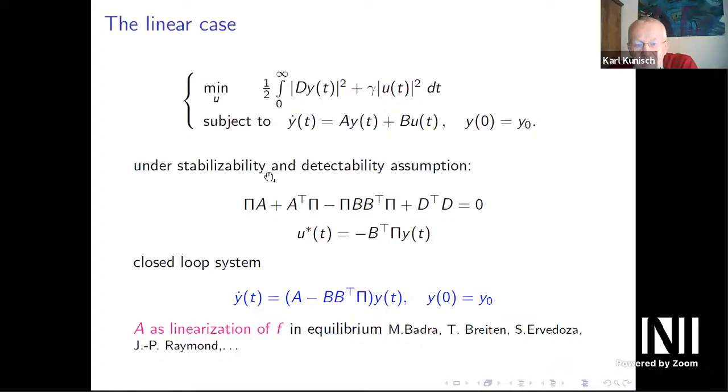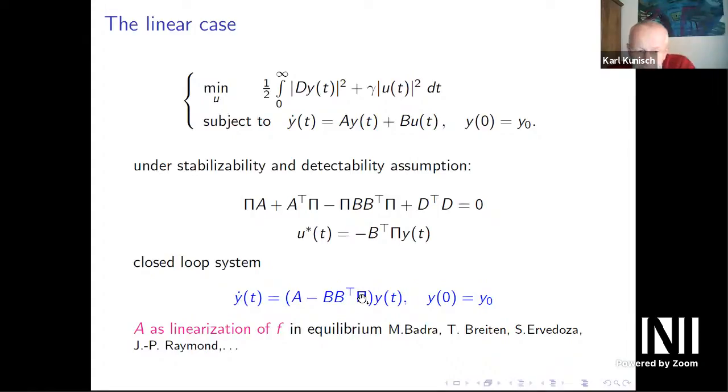Then, under stabilizability and detectability assumptions, which are assumptions A, B, and D, this algebraic Riccati equation will have a solution. Once we solve for it, we can get the optimal control in feedback form. And here is the closed loop that I was talking about earlier.